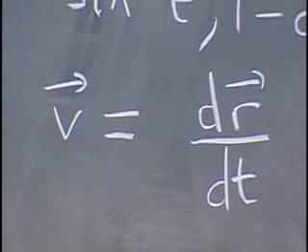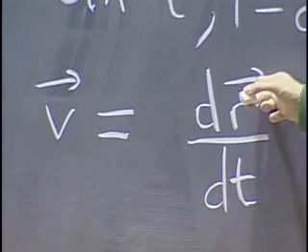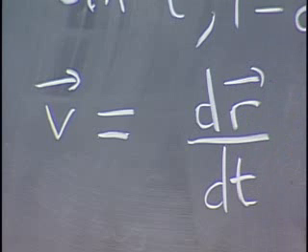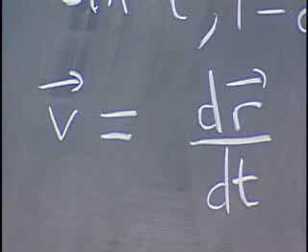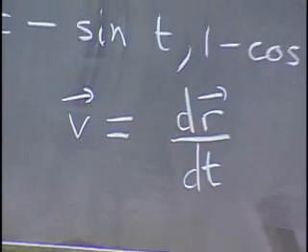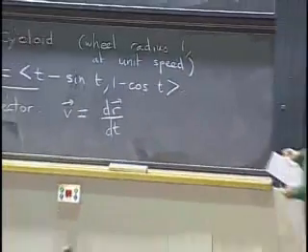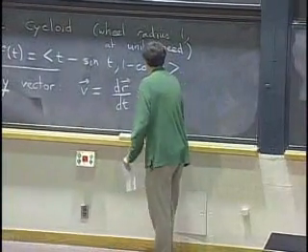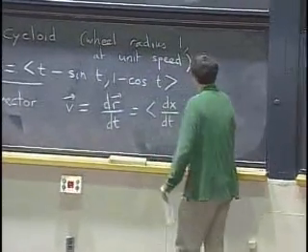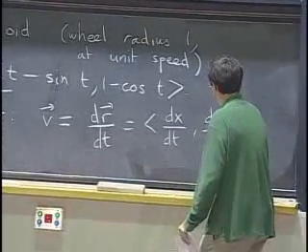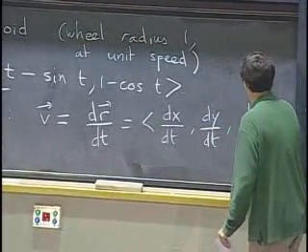Now it's our first time writing this kind of thing with a vector. So the basic rule is you can take the derivative of a vector quantity just by taking the derivatives of each component. So that's just dx/dt, dy/dt, and if you have a z component, dz/dt.